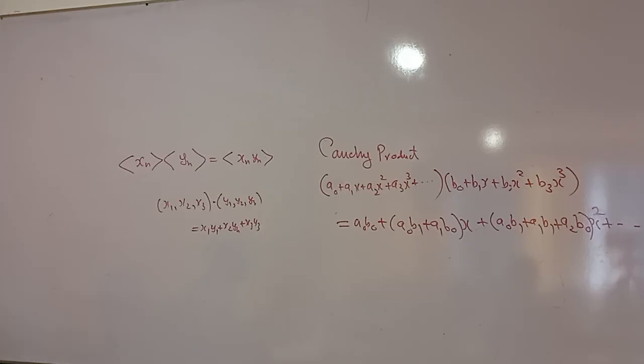You say e to the x is 1 plus x plus x squared over factorial 2 and so on. This is the normal product, the scalar product actually. So that should be a0 b2. Yeah, you are right.